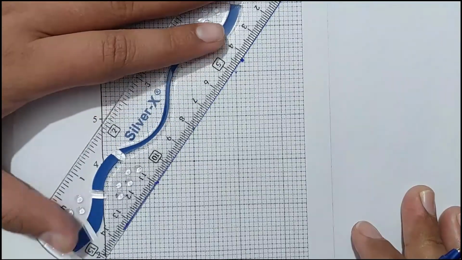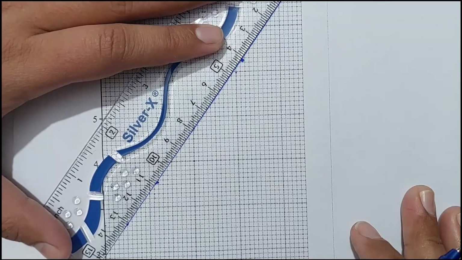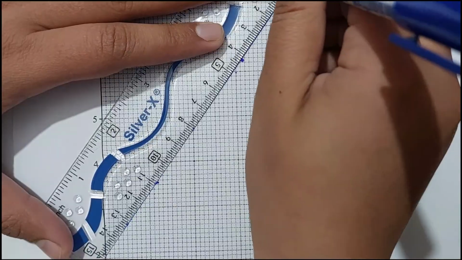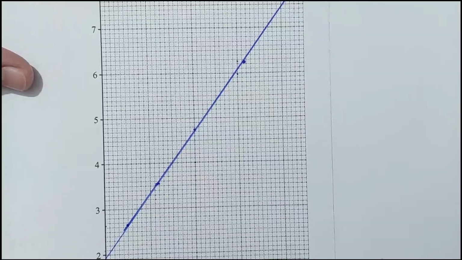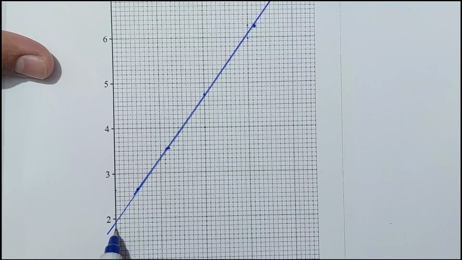Extend the line and find out the intercept. Yeah, the line is extended. Now find out the y-intercept. This is 1.1, 1.2, 1.3, 1.4, 1.5, 1.6, 1.7, 1.8, 1.9, or in the middle 1.95.